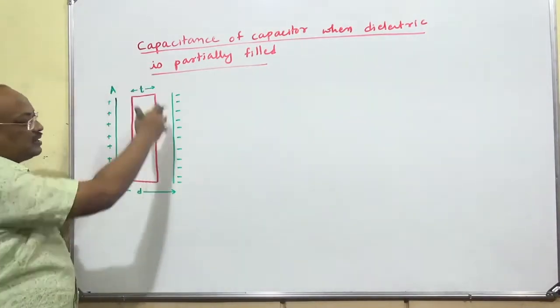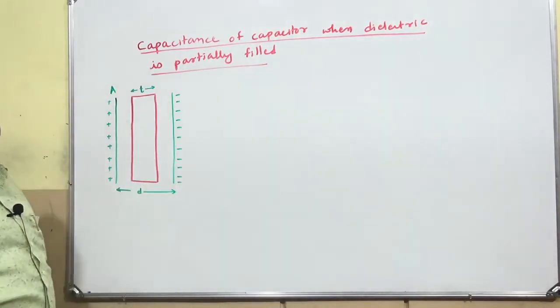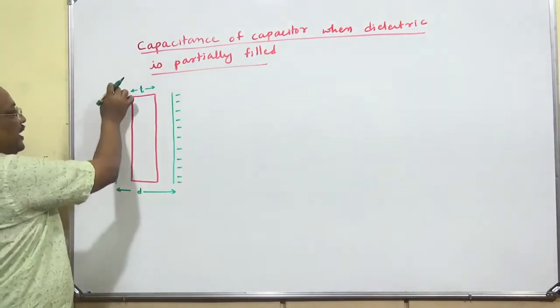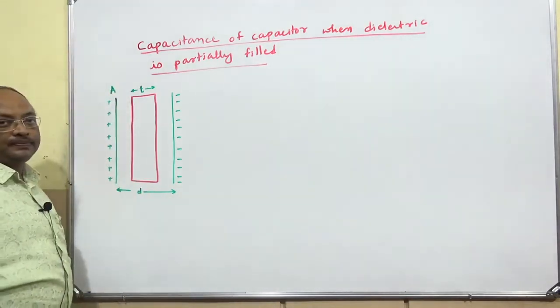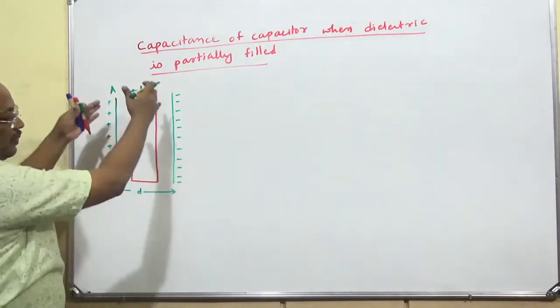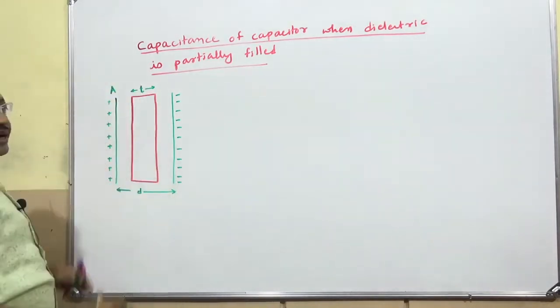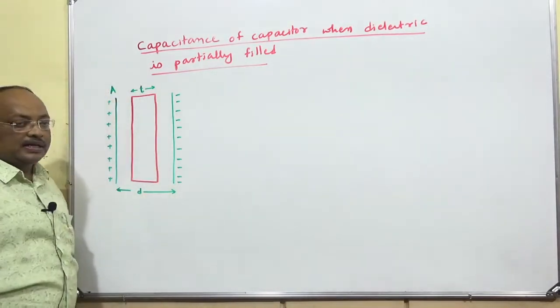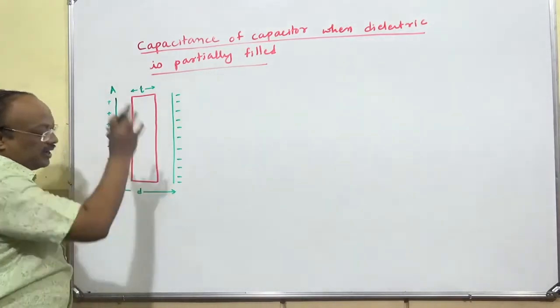We have considered a capacitor where the area of each plate is A, separated by a distance D.